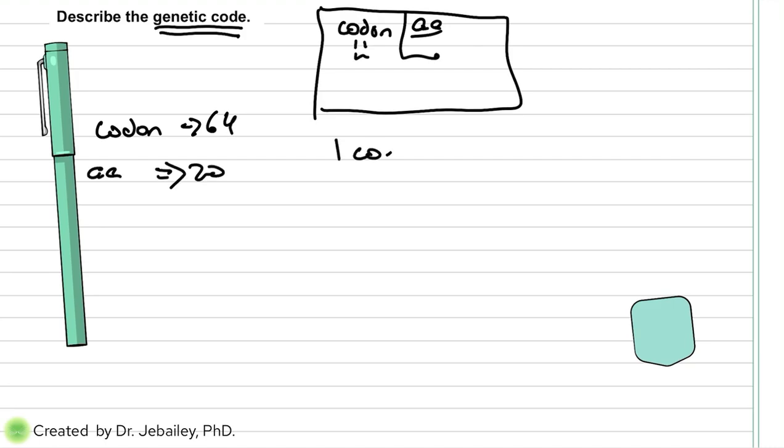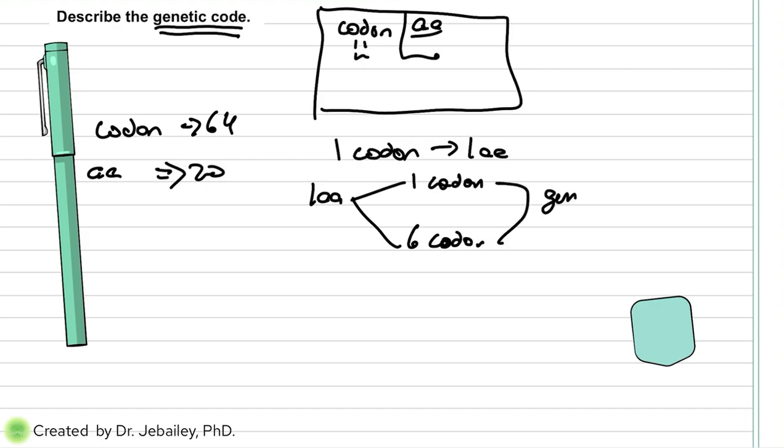We can say that one codon represents one amino acid, but one amino acid can have between 1 codon and 6 codons. And when we say that, we call the genetic code degenerate. Degenerate means that you can have more than 1 codon for one amino acid.